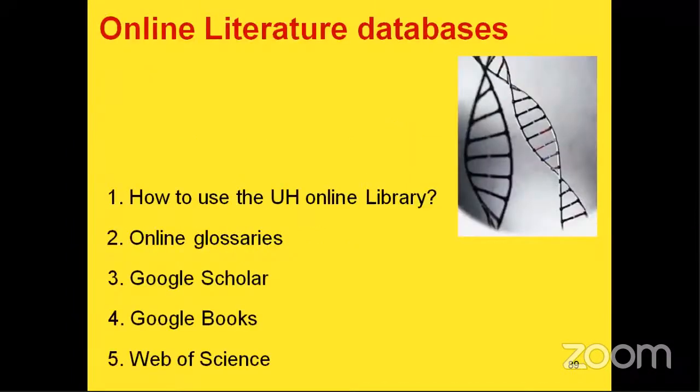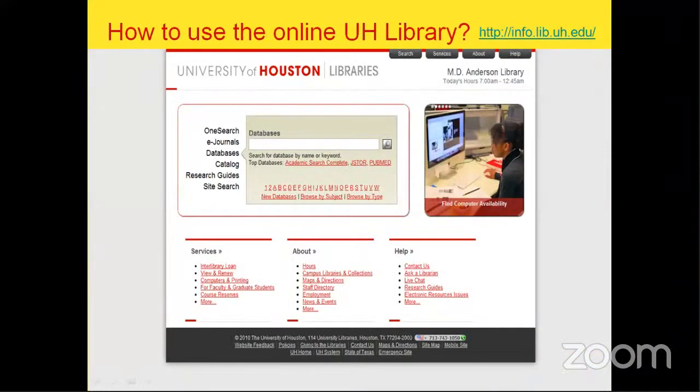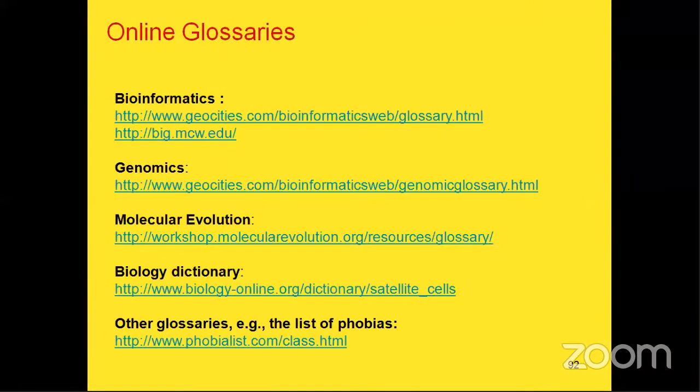There are other literature databases like Google Books, Google Scholar, Web of Science. You can use all those databases to carry out your bioinformatics task. These are very specialized ones, so I'm not going through the details of this. And this is a kind of a website.